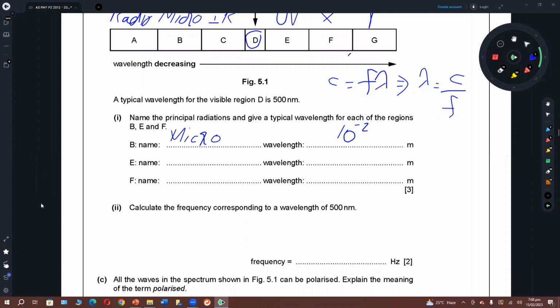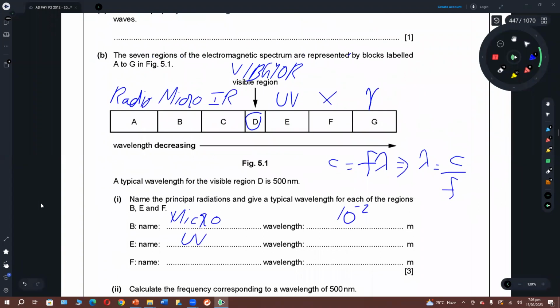What name have we suggested for E? That is UV. Now, do you remember the visible light has a wavelength of, very strongly remember it, 400 to 700 nanometers. This is the range for visible light.